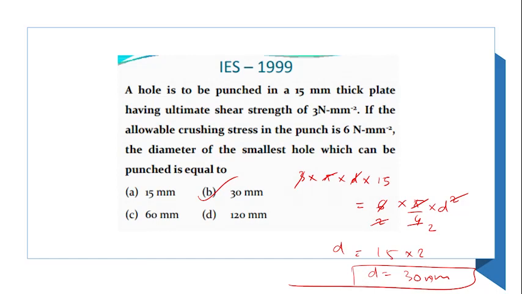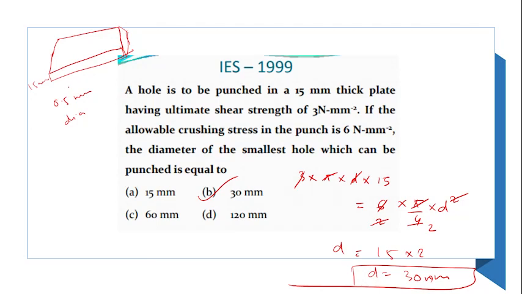Okay, please explain this part about how we find the smallest. See, suppose you want to pierce a very small hole on a 15 thick sheet, say 0.5 diameter.